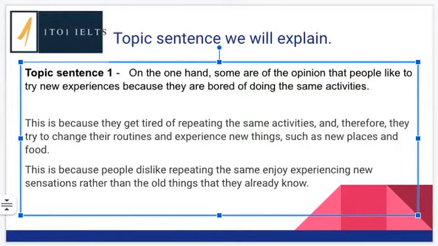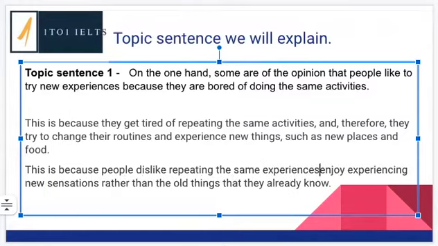So dislike activities. What could we use instead of activities? What kind of language could you use? Experiences, okay. I think in the last lesson we mentioned that we want to try and avoid using the word thing, because things are a little bit too vague. So if we can come up with a better word than thing, good. If you can't, use thing. It's better to use thing accurately than other words inaccurately.